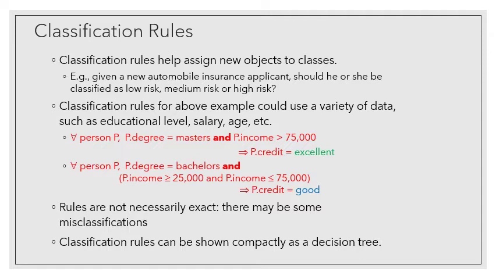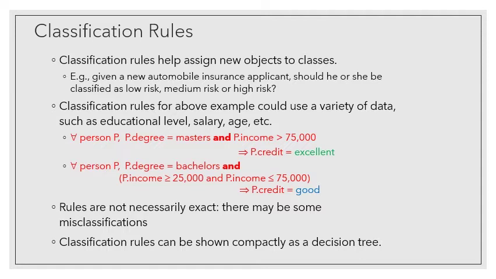Then we can see the classification rules. The classification rules help assign new objects to classes. For example, given a new automobile insurance applicant, should he or she be classified as low risk, medium risk, or high risk? Classification rules for the above example should use a variety of data such as educational level, salary, age, etc. See in this case, for every person P, if P.degree is equal to master's and P.income is greater than 75,000, P's credit is excellent.